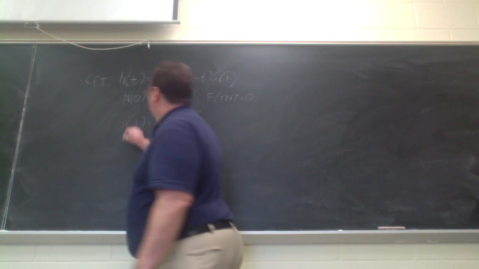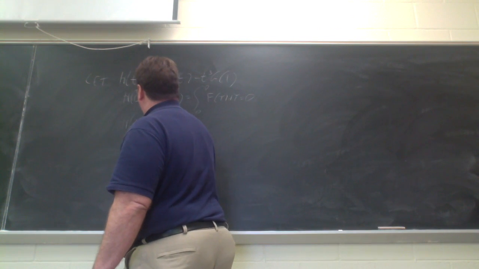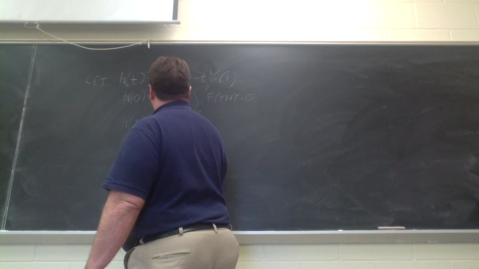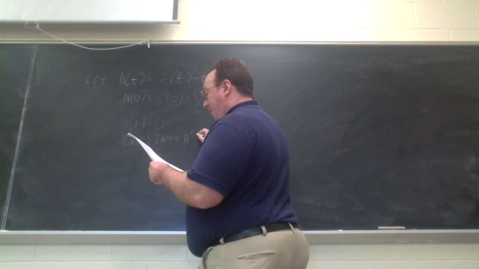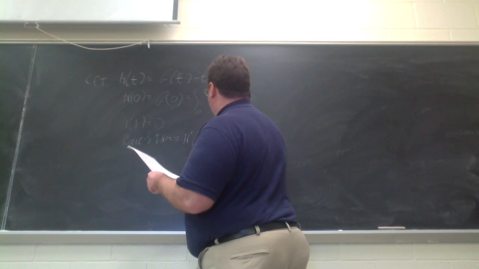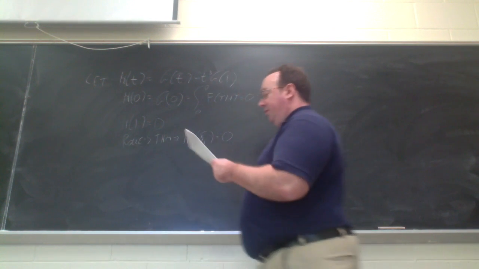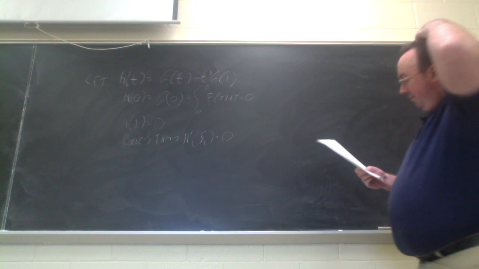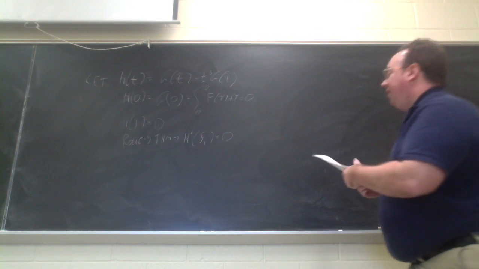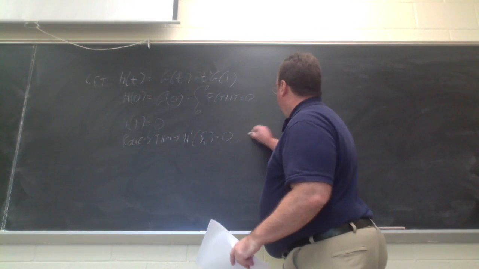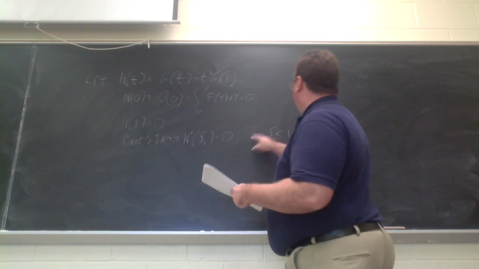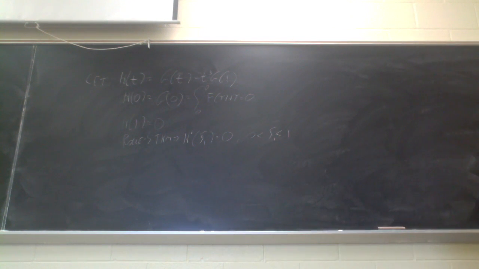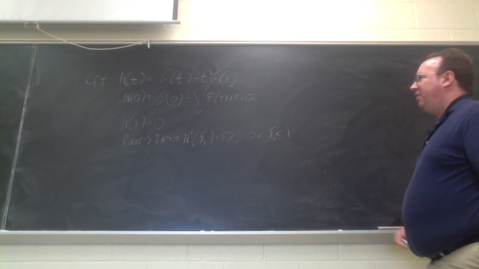Rolle's theorem says that H prime at some unknown point, which I'll call squiggly 1, is equal to 0, and it's between 0 and 1 where that happens, because H is definitely not constant.